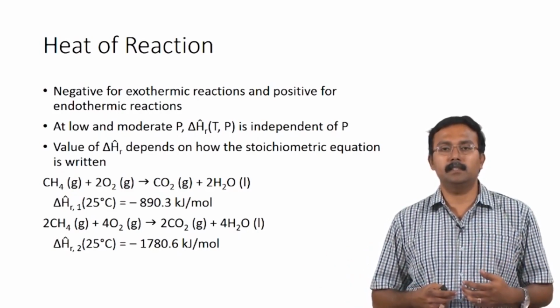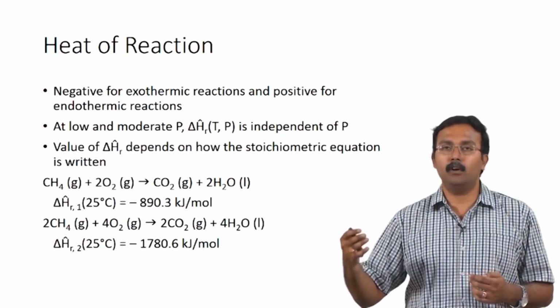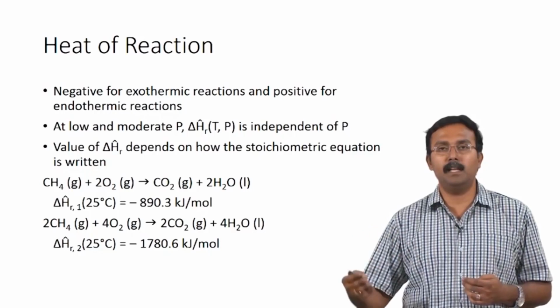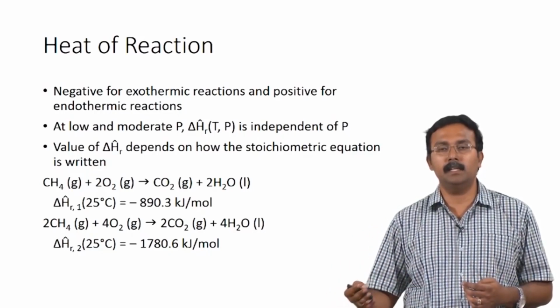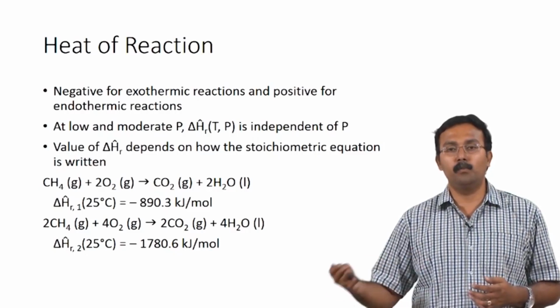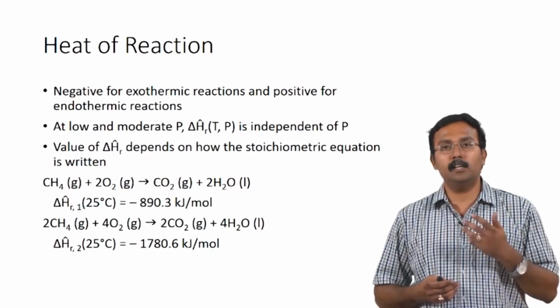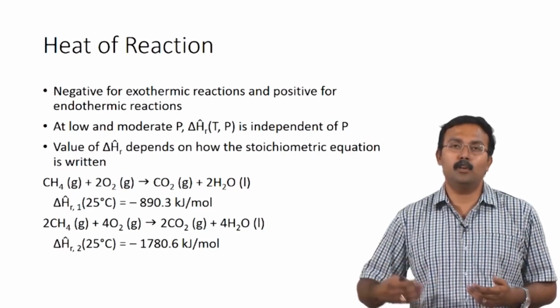Whereas in the second reaction, the basis is 2 moles of methane reacting, or 4 moles of oxygen reacting, or 2 moles of carbon dioxide being formed, or 4 moles of water being formed. Because you have double the number of moles reacting or forming, the heat of reaction would also be doubled.